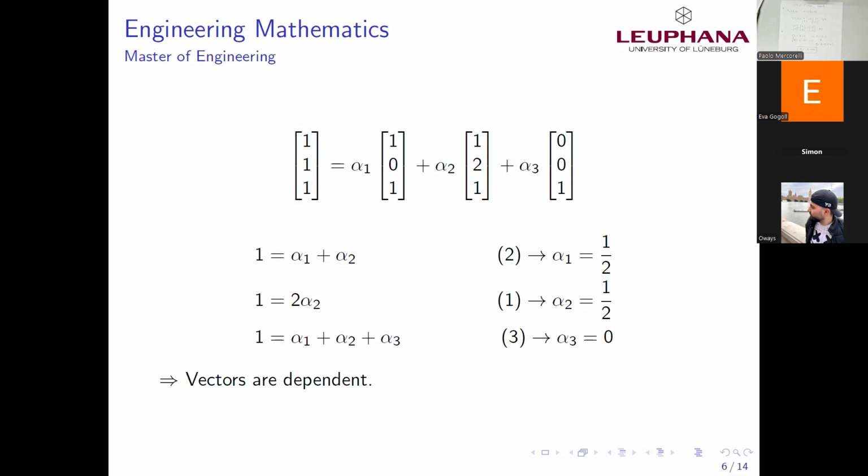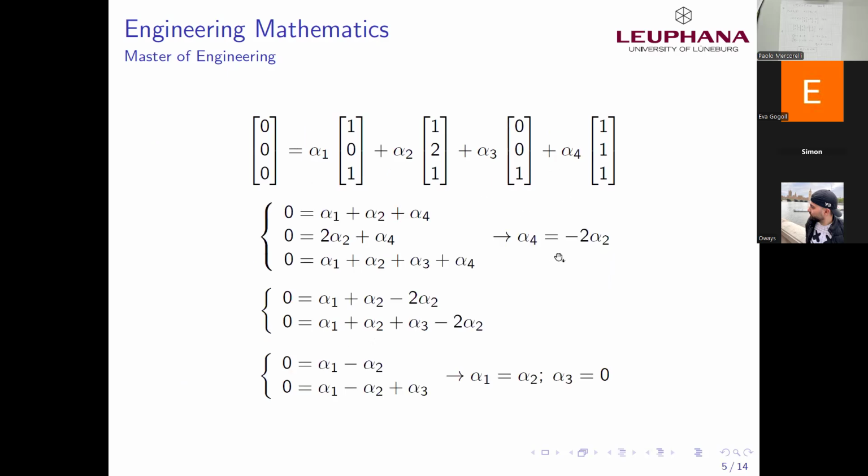The reason is I can consider the set of elements already defined, and in this form I try to test if I can find one of them, it doesn't matter which one, as a linear combination of the rest. I mean, this expression here is equivalent to this one.